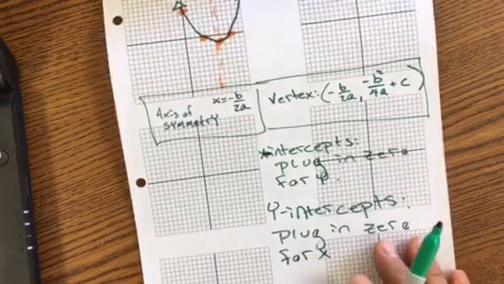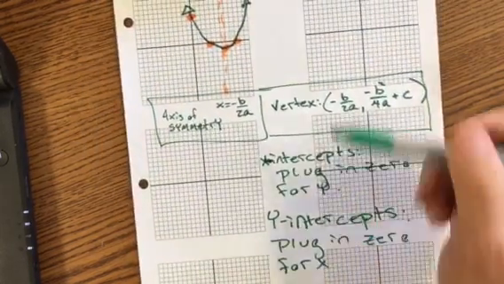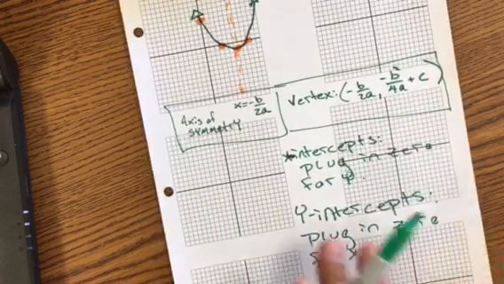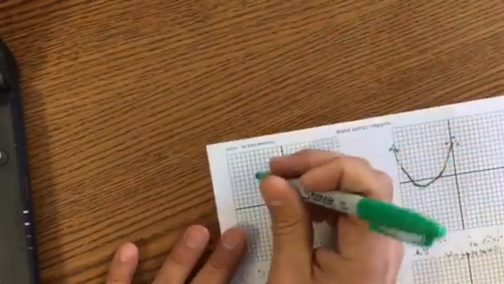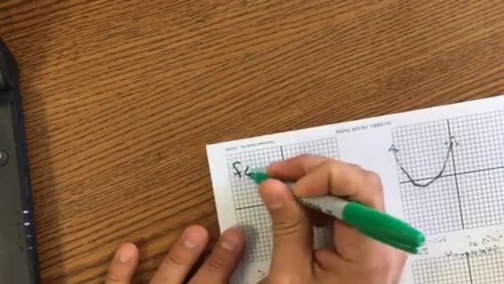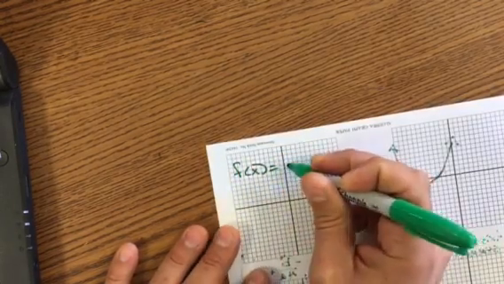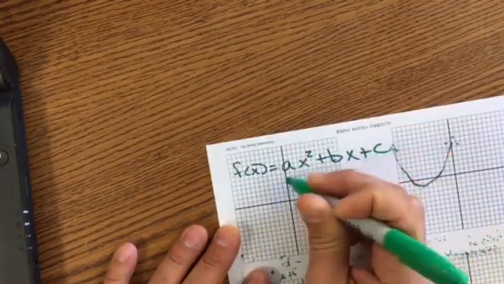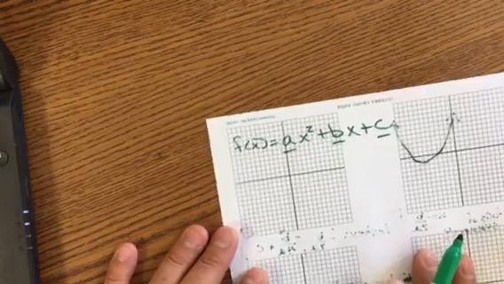I'll show you guys a few examples of each of these, but this is what I really need to have you have written down when you get to class. So when we're talking about a, b, and c, a quadratic is always in this form right here. And this is where a, b, and c come from.